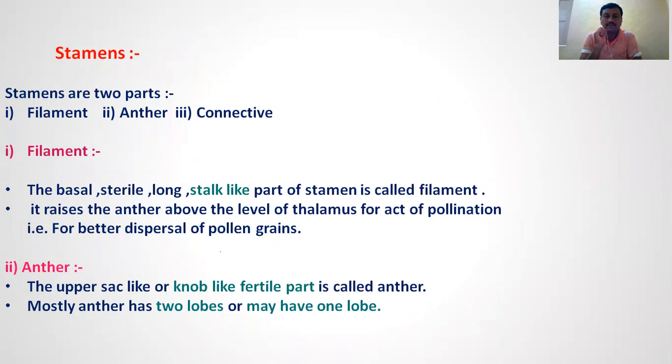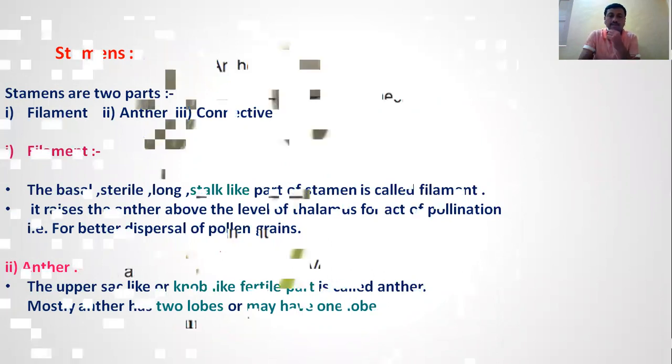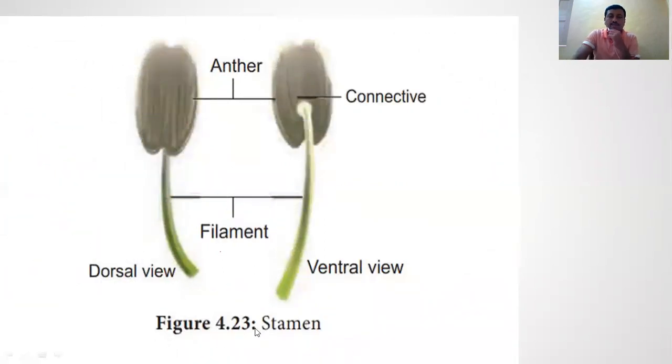Filament first. The basal, sterile, long, stalk-like part of the stamen is called the filament. It is the base of the stamen. Sterile, they do not take part in sexual reproduction.